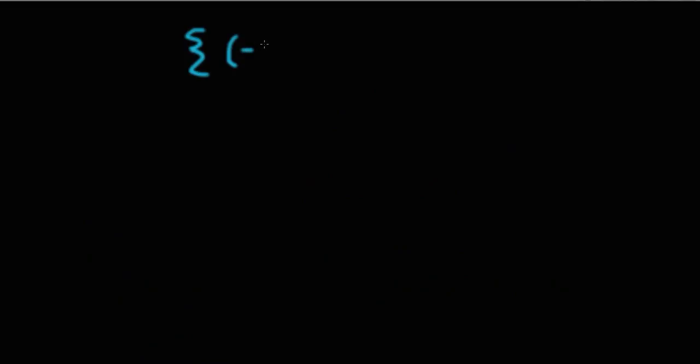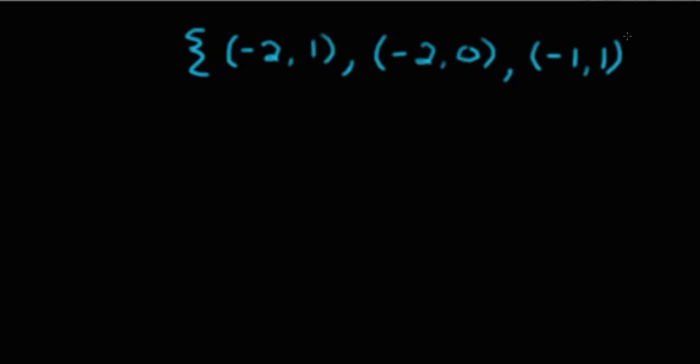So you have the point negative 2 and 1, the point negative 2 and 0, and the point negative 1 and 1. And they're asking whether or not this describes a function or not.